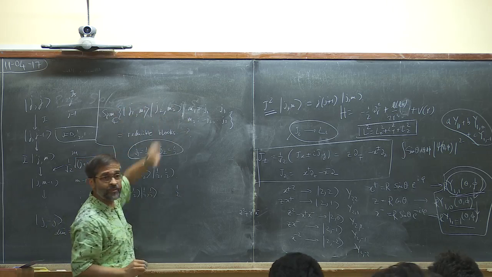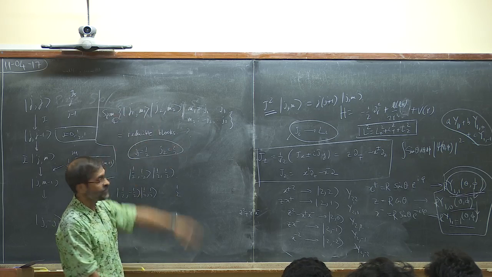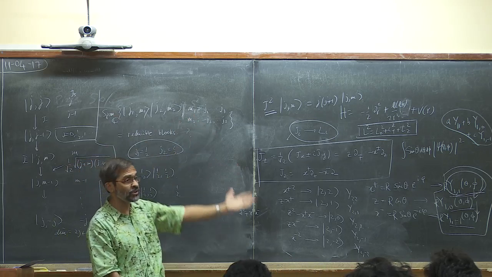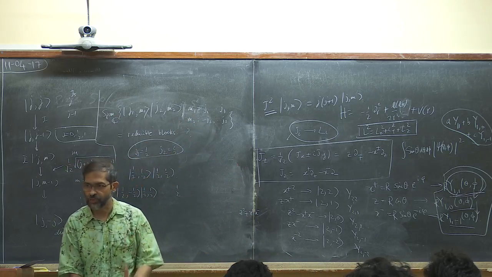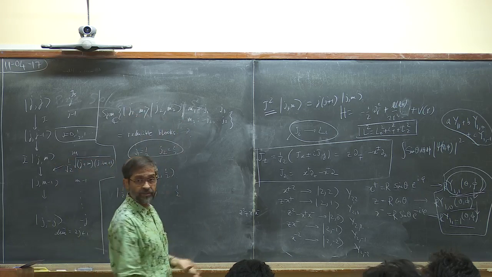By the way, in this list, how many vectors are there? As many as M1 M2 pairs. Okay, so that's (2J1 plus 1) times (2J2 plus 1), correct? So we want to know how these guys split into irreps.